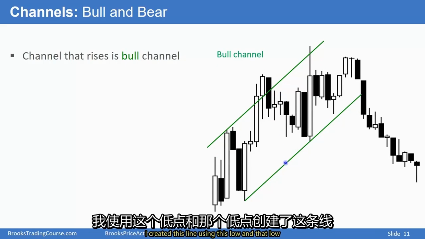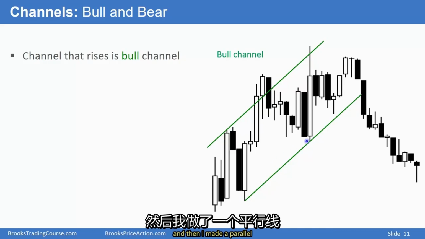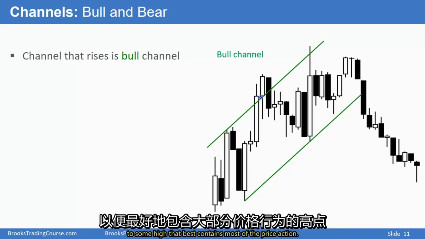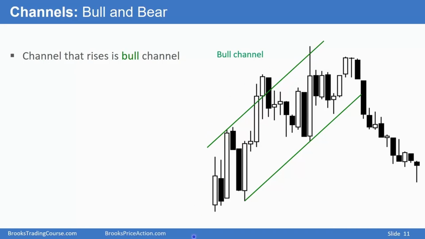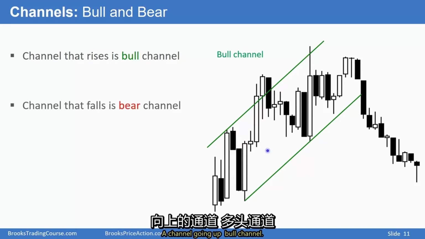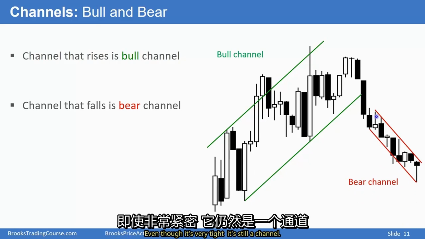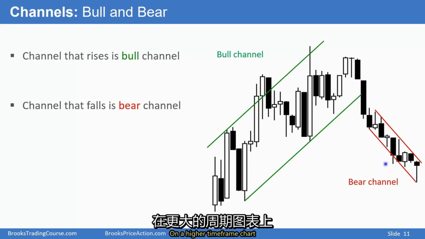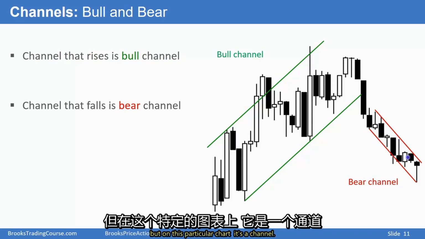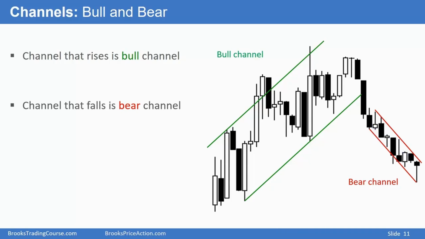I created this line using this low and that low, and then I made a parallel and dragged it over here to some high that best contains most of the price action. A channel going up, bull channel, a channel going down, bear channel. Even though it's very tight, it's still a channel. On a higher time frame chart, it's probably a breakout, but on this particular chart, it's a channel.